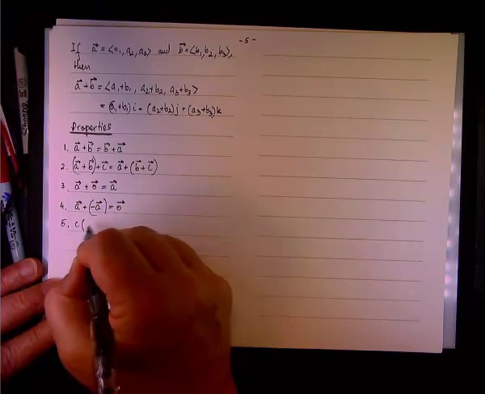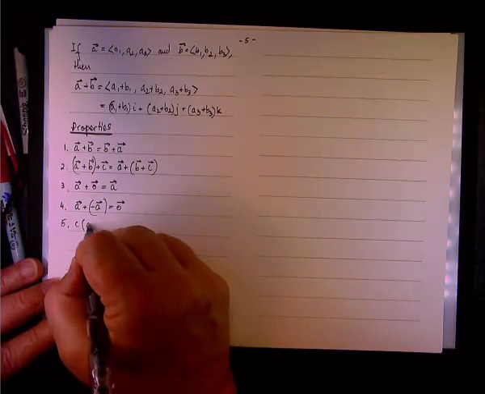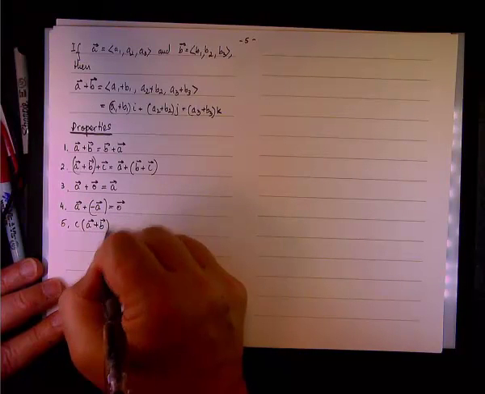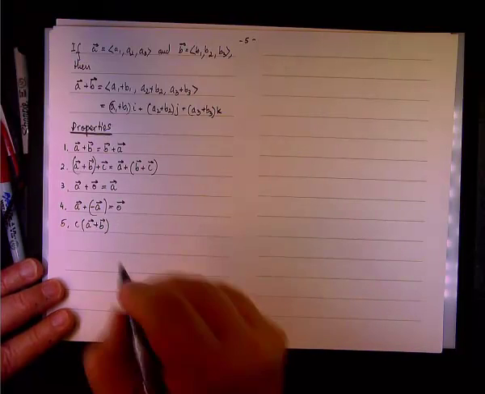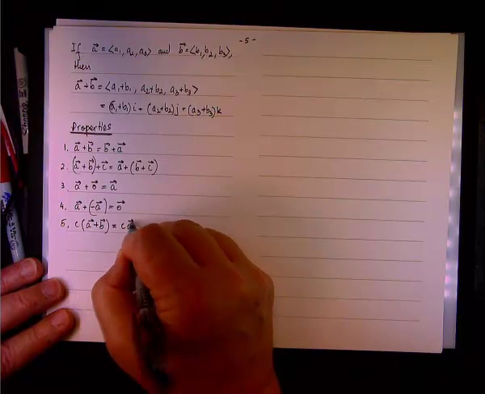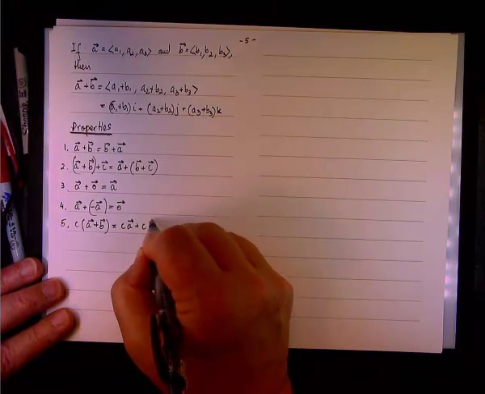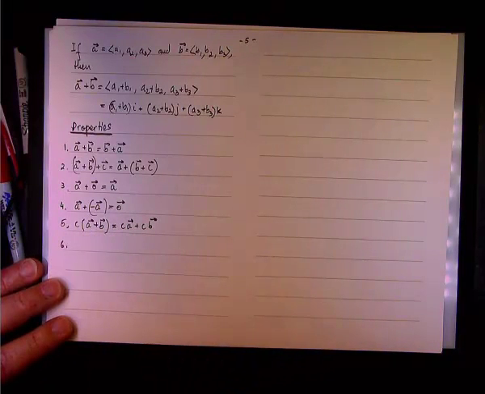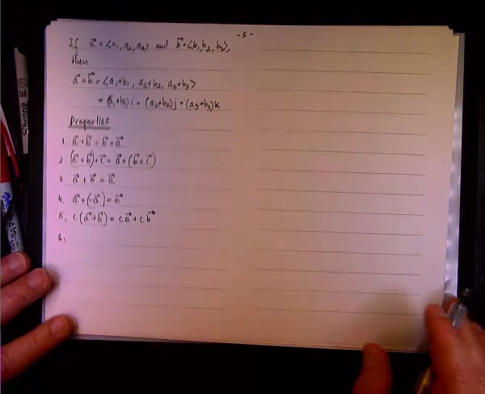Exciting, isn't it? Next, distribution of a scalar over addition. If you have a scalar C multiplying the sum of the vectors A plus B, you can distribute over addition, so it would be C times the vector A plus C times the vector B.